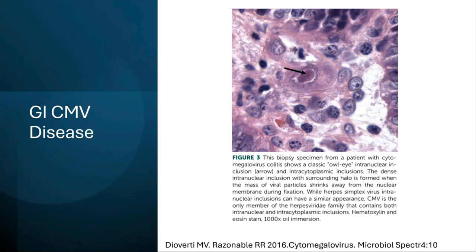Just a nice picture to show you how the biopsy appears. In this picture, you see classic owl-eye intranuclear inclusions as well as intracytoplasmic inclusions. So this would be the gold standard diagnosis of CMV.